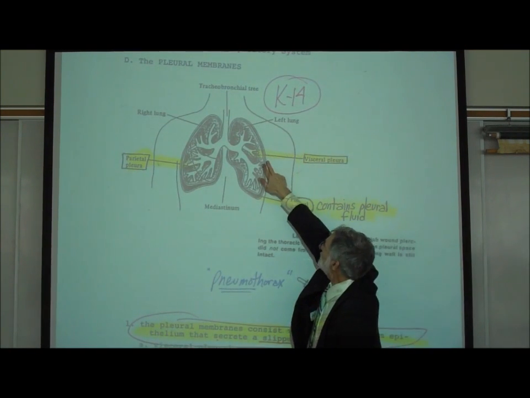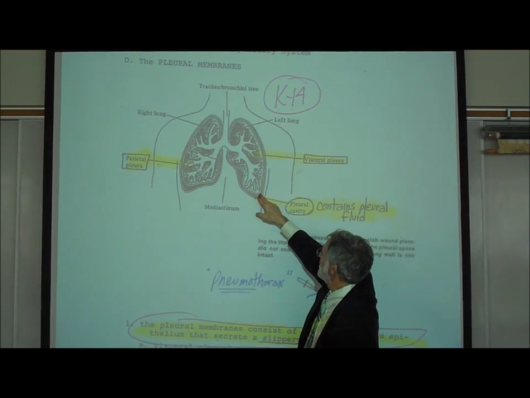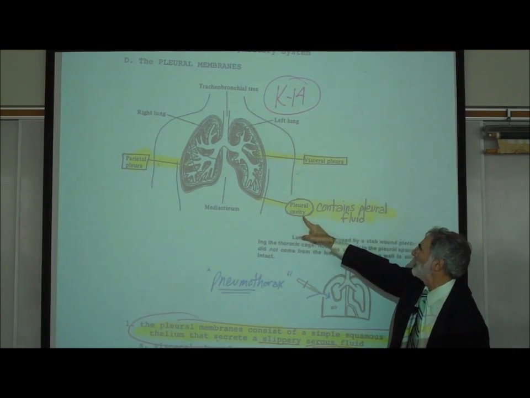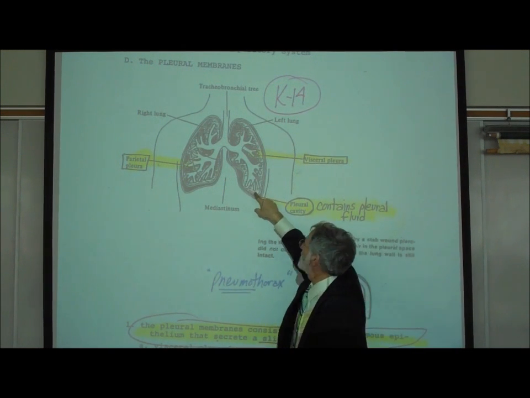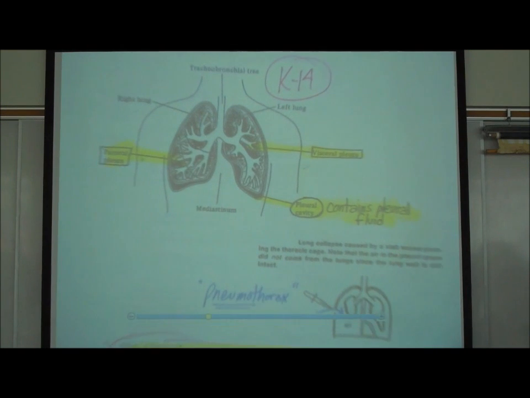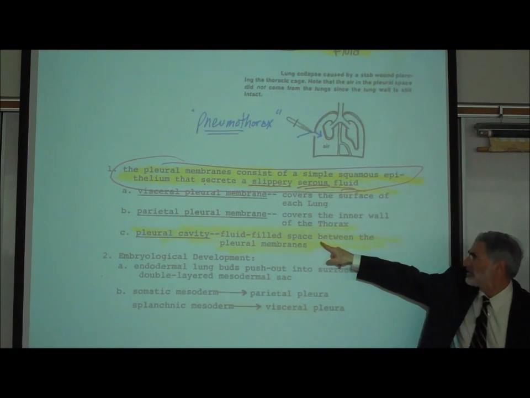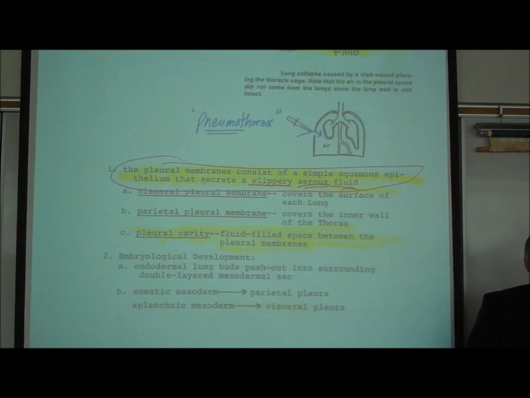In other words, these two pleural membranes secrete this slippery fluid into the so-called pleural cavity, which is the space between the pleural membranes. So it is filled with a thin layer of this pleural fluid. And we wrote, incidentally, right here, the pleural cavity is a fluid-filled space between the pleural membranes.